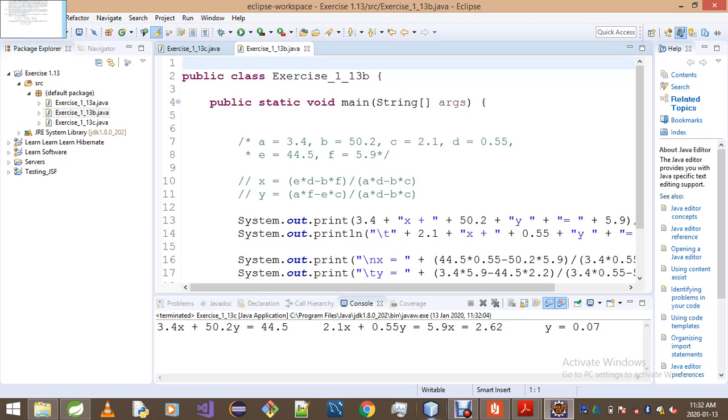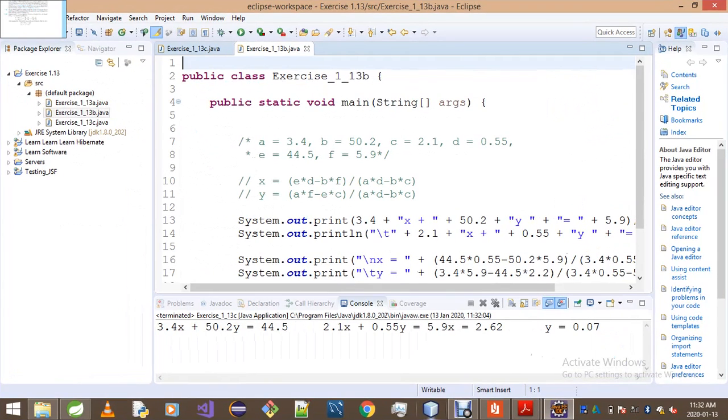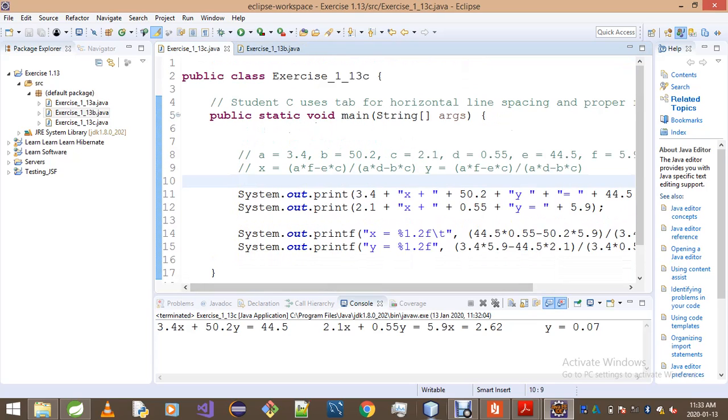So we have that. Oh, it seems like I wrote my two equations correctly. However, I forgot to go to the next line before printing out the values of x and y.